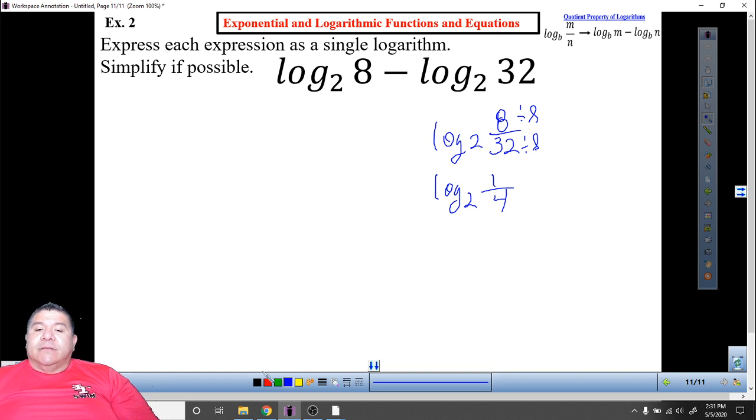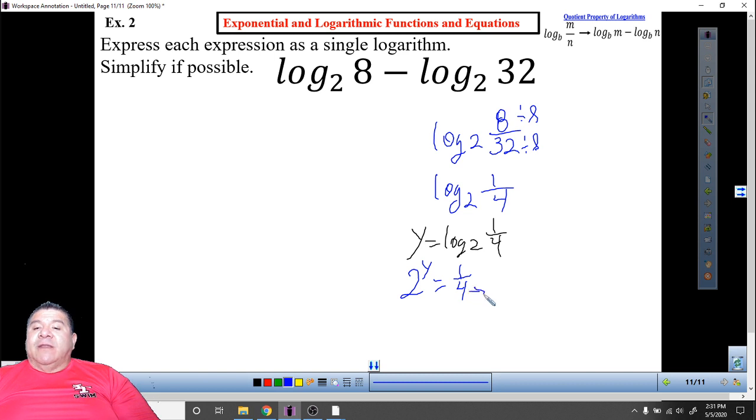All right. So let's solve. How do we do that? By setting it equal to y. y equals log 2 of 1/4. All right. So what is our base? Our base is 2, so 2 to the y equals 1/4. Do we have the same base here? Almost. But can we write 4 as base 2? Yes.